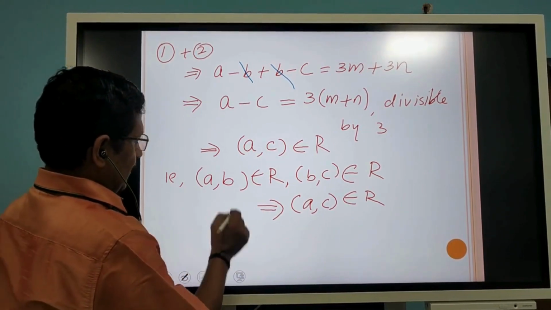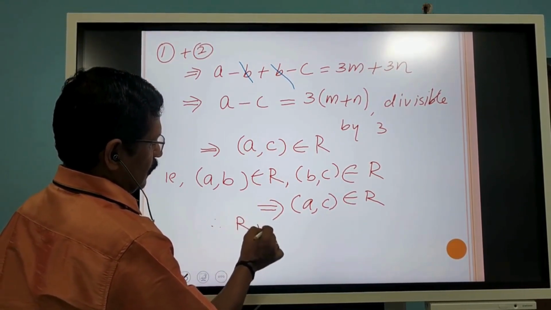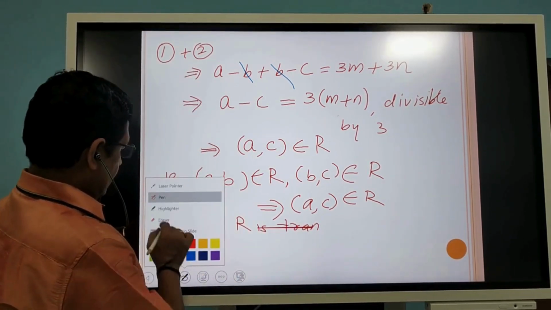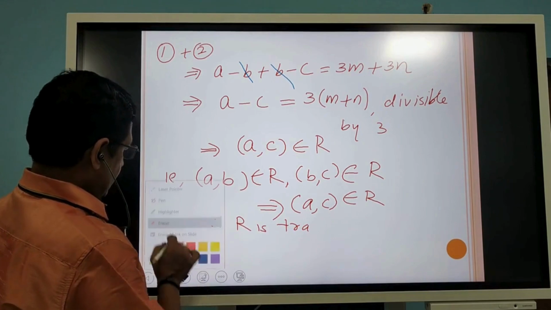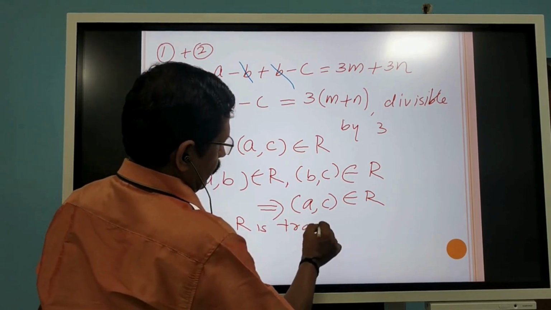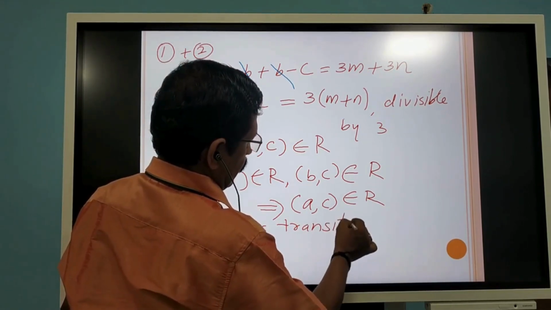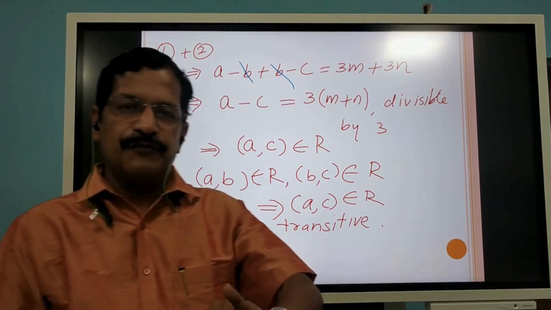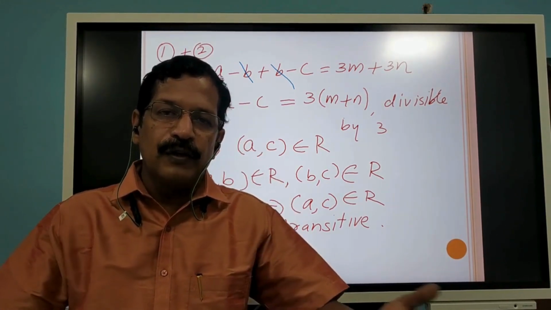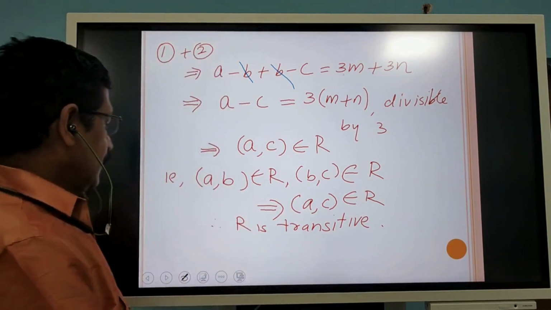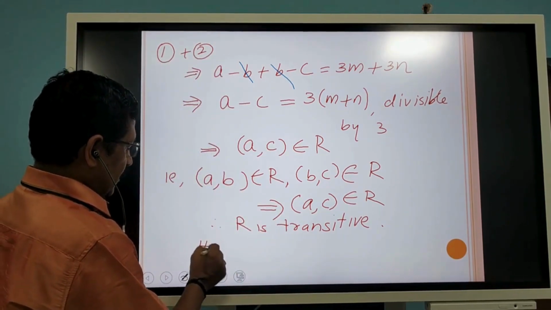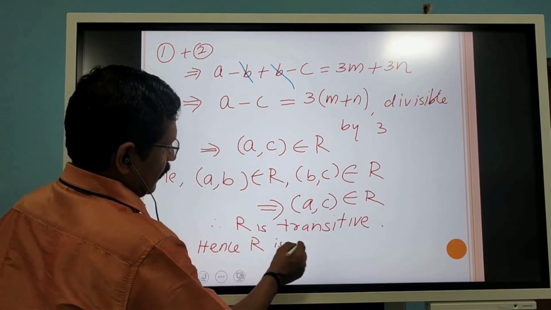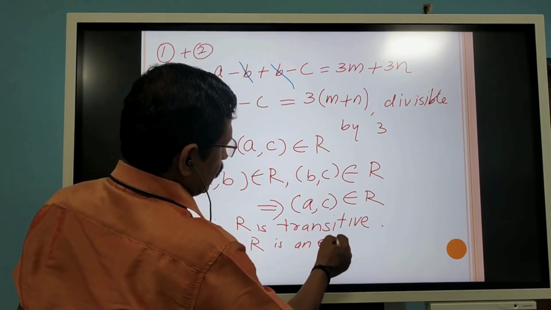Therefore, R is transitive. So R is reflexive, symmetric and transitive, hence R is an equivalence relation. Hence we have proved R is an equivalence relation.